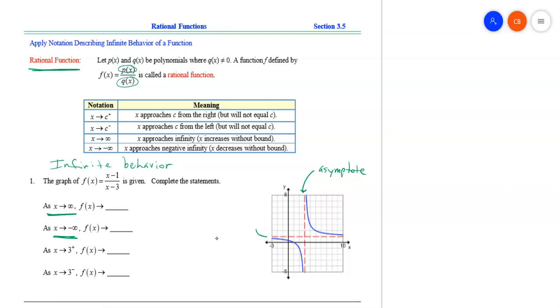Here I will mention that this is a vertical one, and this is a horizontal asymptote. Horizontal asymptotes will have some significance whenever we're talking about the end behavior, as well as any infinite behavior, because what you see happening around a vertical asymptote is not that x is going to infinity, but this time y is going to infinity somewhere besides off to the ends.